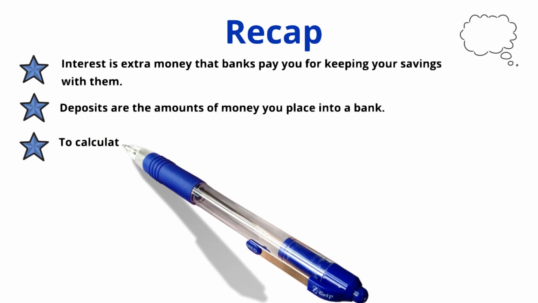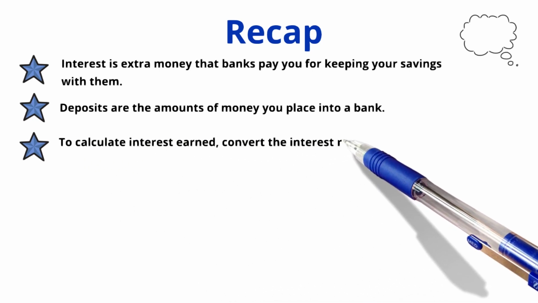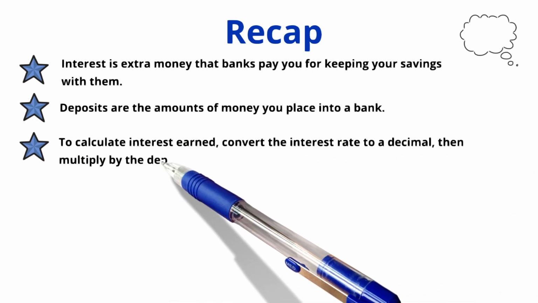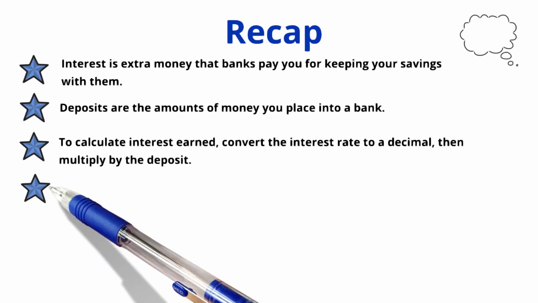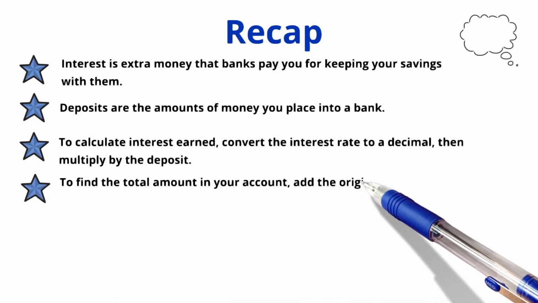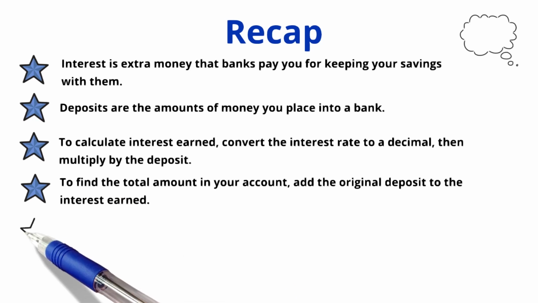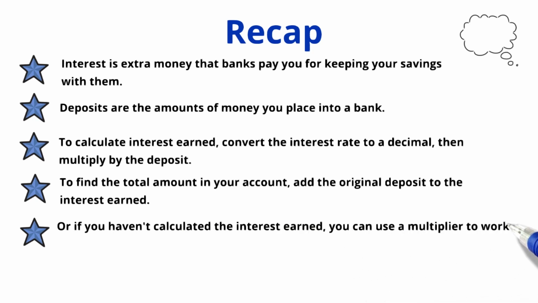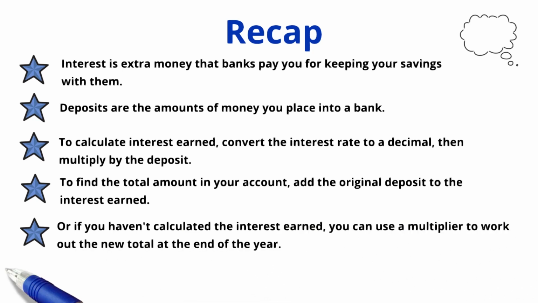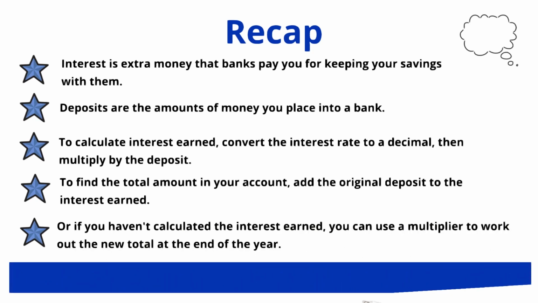To calculate the amount of interest earned, convert the interest rate to a decimal, then multiply by the deposit. You can add this to the original deposit to find the total amount in your account after the interest is applied. Or, if you haven't calculated the interest earned, you can use a multiplier to work out the new total at the end of the year.